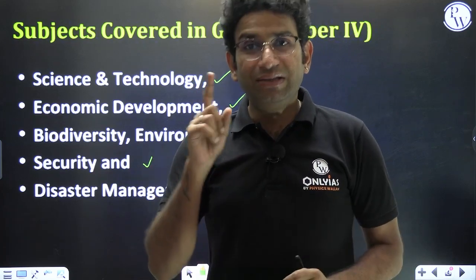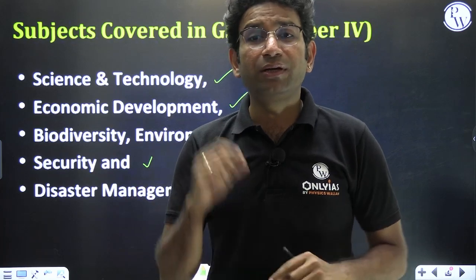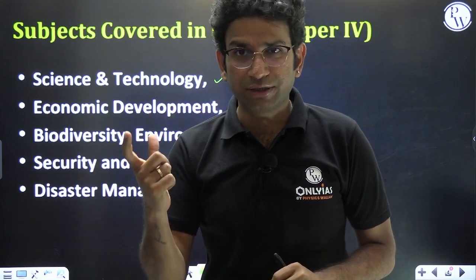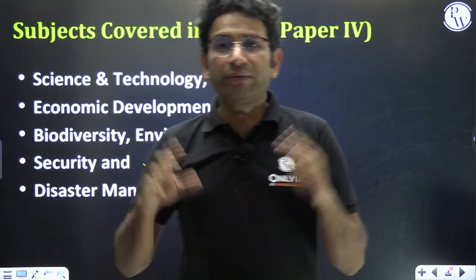That means out of 250, they have scored less than 100, because this is one of the papers where you need to apply your knowledge. Apply in what sense? Whatever you understand and read in subjects like economics, science and technology and others, there is a practical part. The implementation part is being asked.